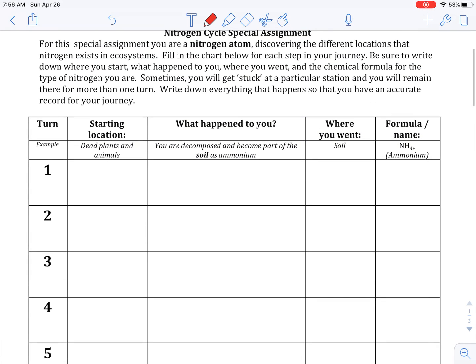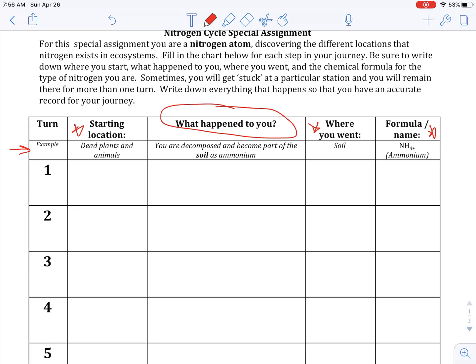Essentially, you're going to tell me where you started, where you ended in that particular stop, what happened to you along the way, and what form of nitrogen you were. I've got an example here. In this example, you started out as nitrogen in dead plants and animals, and you moved from that location over to the soil.